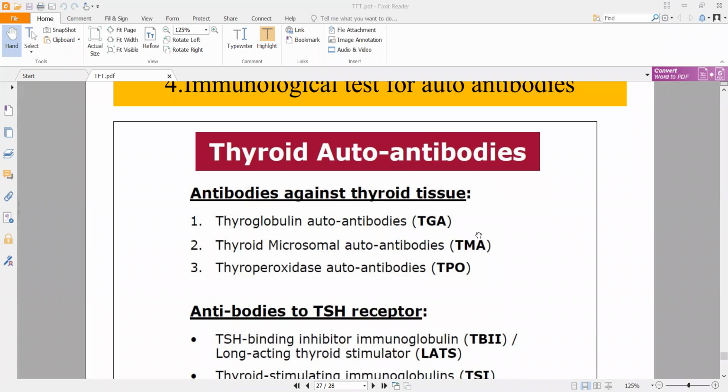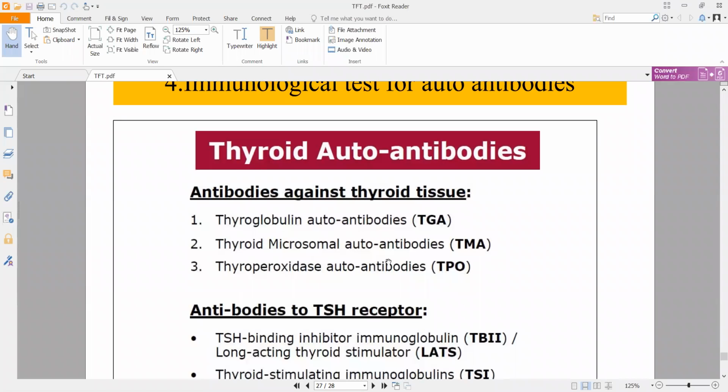If those antibodies are present, you will see that in this test. So you are measuring thyroglobulin autoantibodies, antibodies created in your body that attack your own thyroglobulin. If you remember, thyroglobulin is the main protein that forms T3 and T4, right?